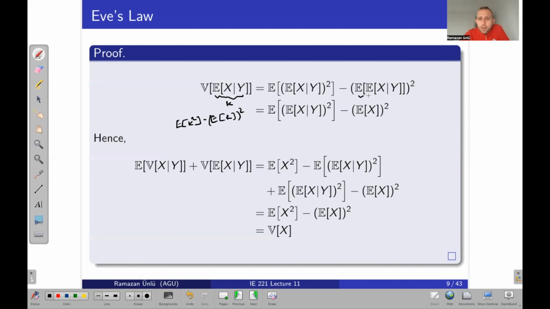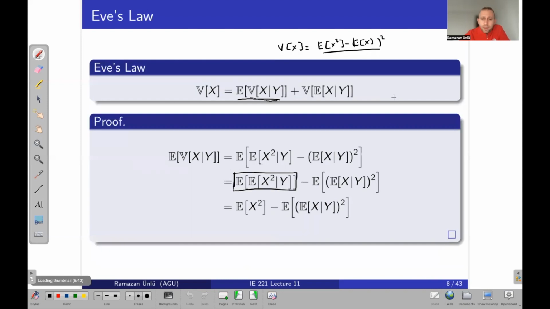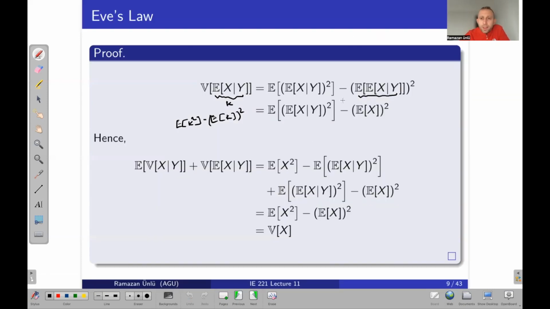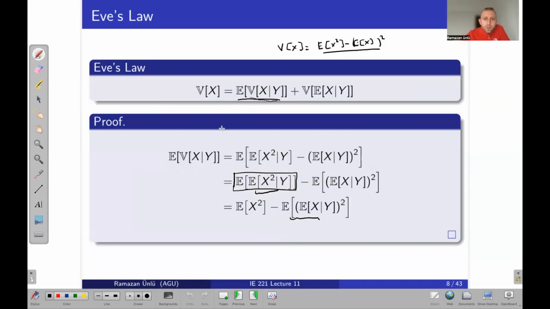So what is this guy? Same as here, which is equal to the expected value of X. The expected value of the conditional expected value of X is equal to the unconditional expected value of X. So that's why it is the expected value of X, squared. So what was the formulation? This one. Instead of this guy, I can write this one.